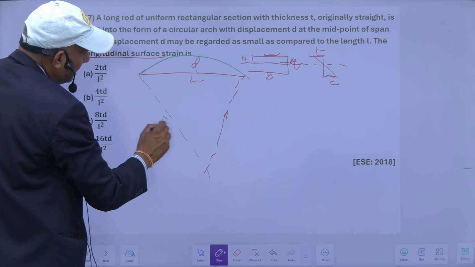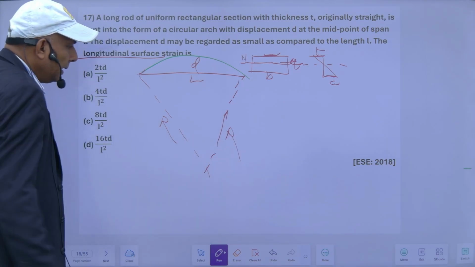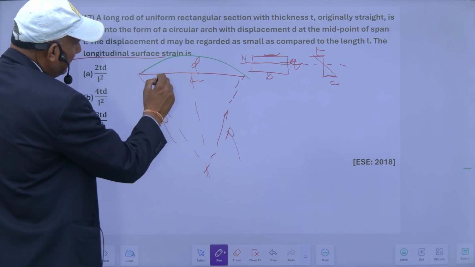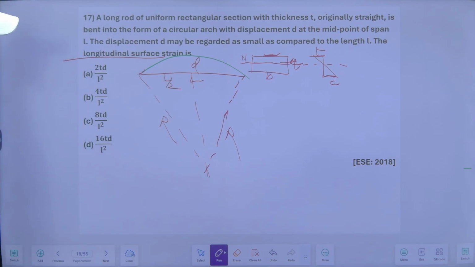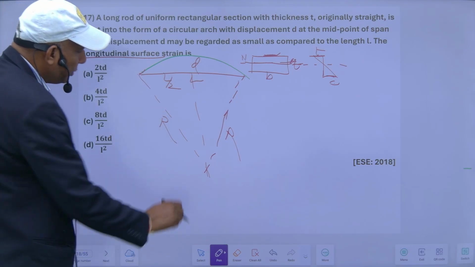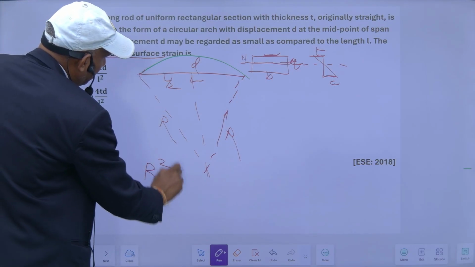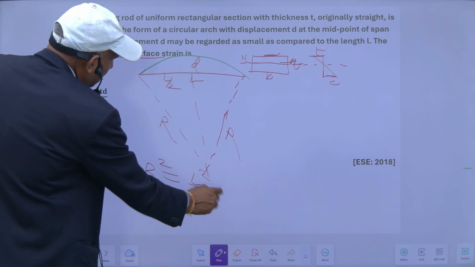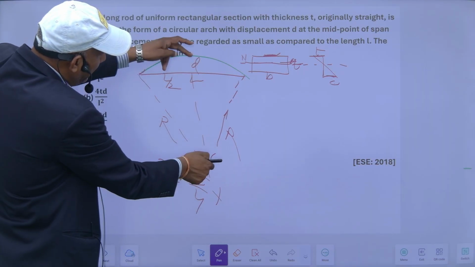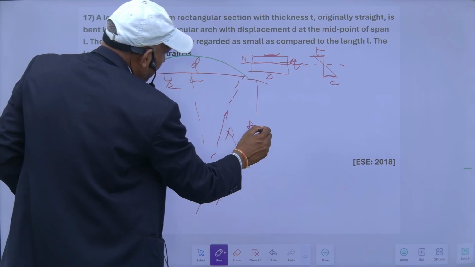Suppose this is R, and this will be L by 2. So R square is equal to L by 2 square plus this square, and this is R minus D.